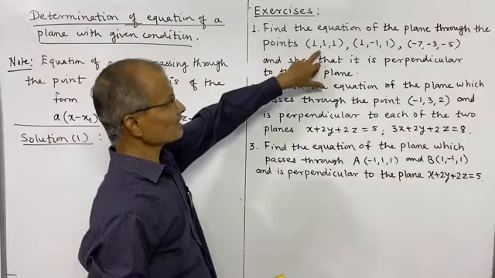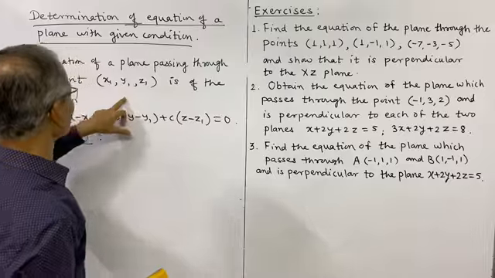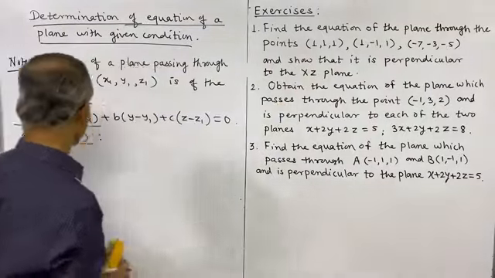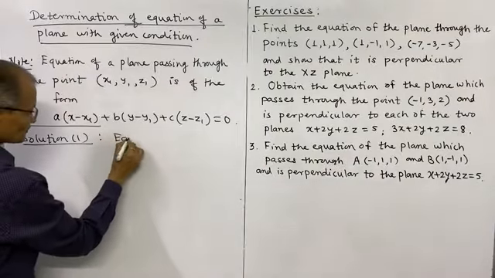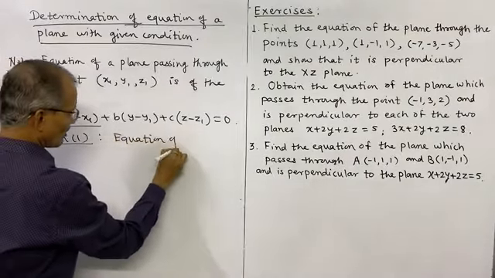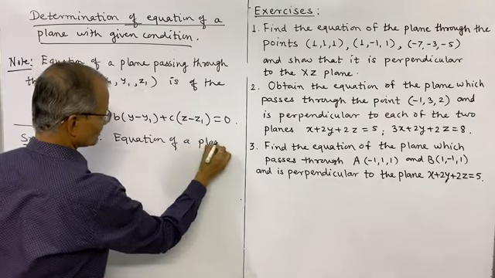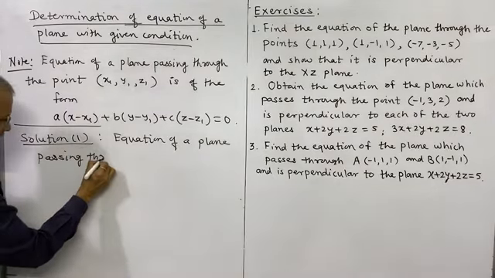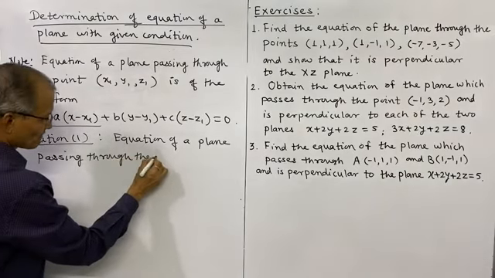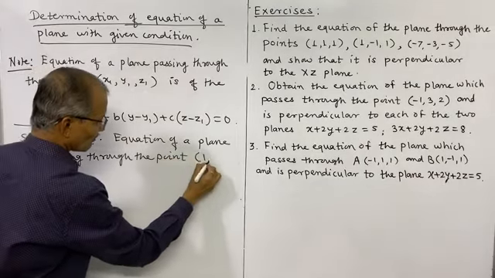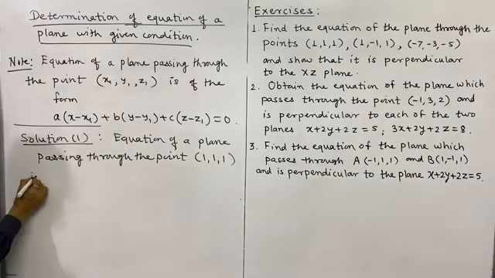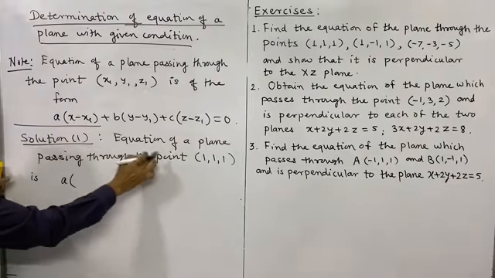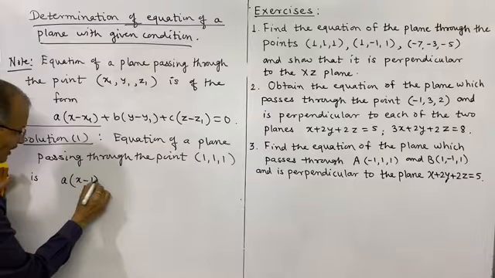Equation of plane, we consider the first point and we use this result. Equation of a plane passing through the point 1, 1, 1 is, now according to this, a into bracket x minus x1, that is a into bracket x minus 1.